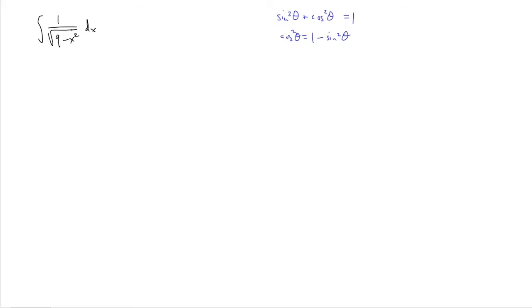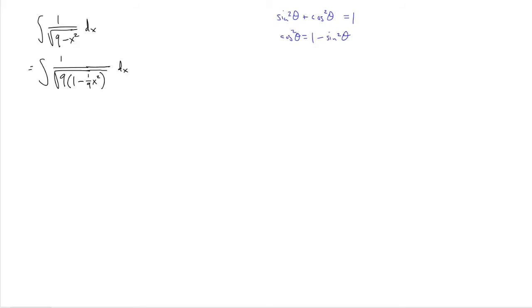One of the obstacles in trying to make 9 minus x squared look more like the 1 minus sine squared theta is the 9. We have 1 minus something squared on the right and 9 minus something squared on the left. But that's not too hard to deal with algebraically.